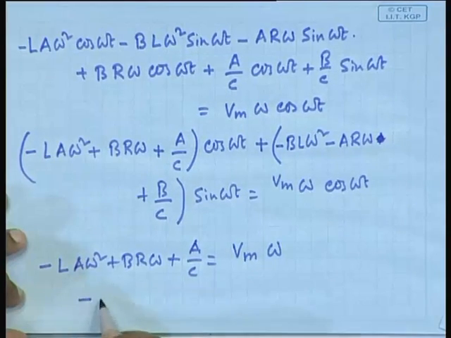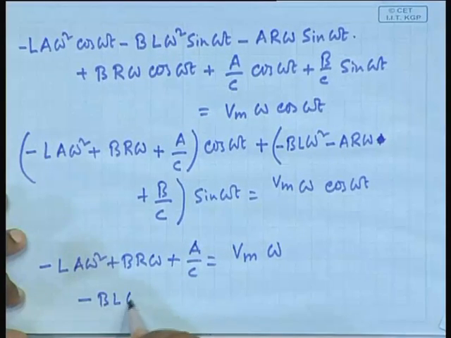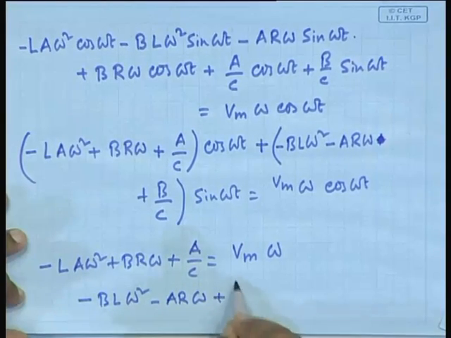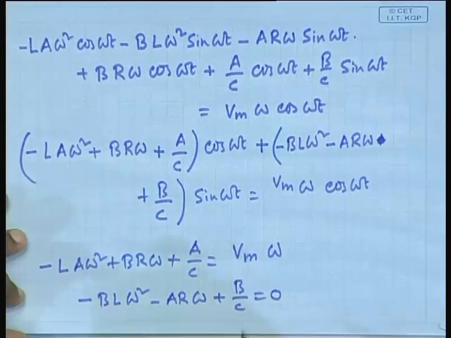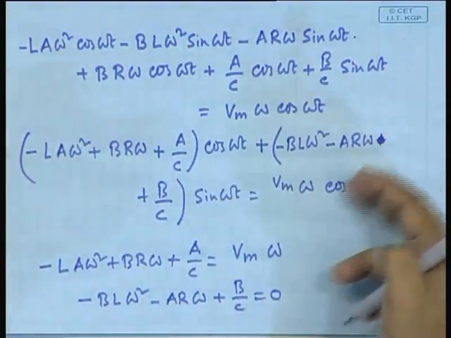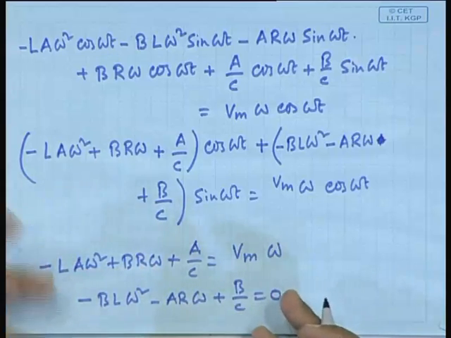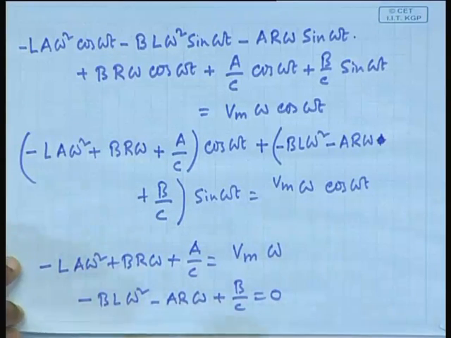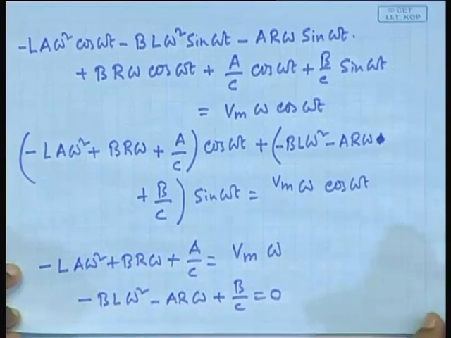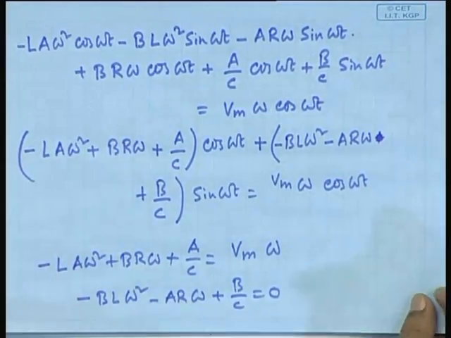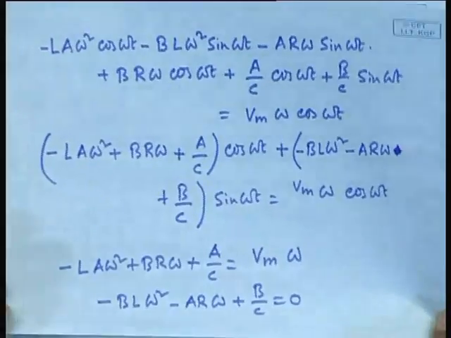The other is minus b L omega square minus a R omega plus b by C is equal to 0. From here you will obtain. See, though the algebra looks a bit involved, ultimately the things are conceptually rather simple. So, you have to obtain a and b from there. Just do a bit of practice, because if I ask you in the exams, otherwise you will get messed up.